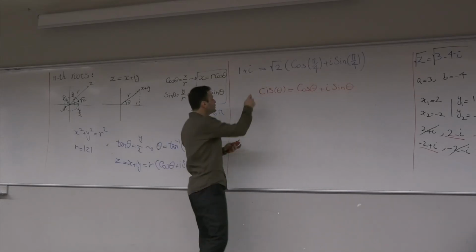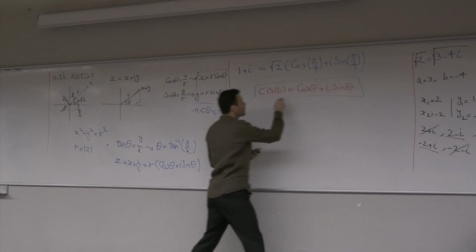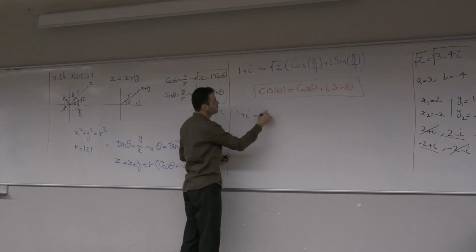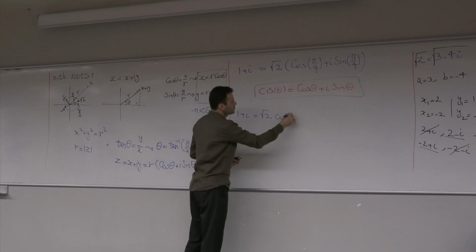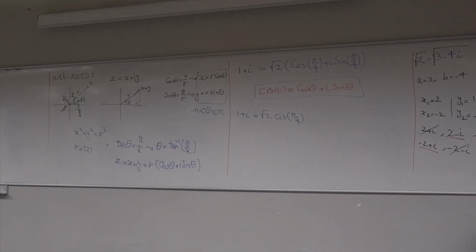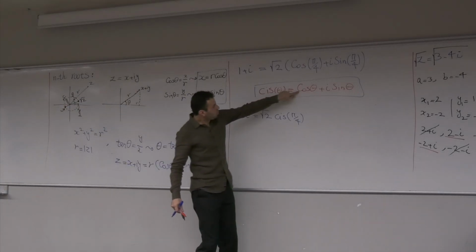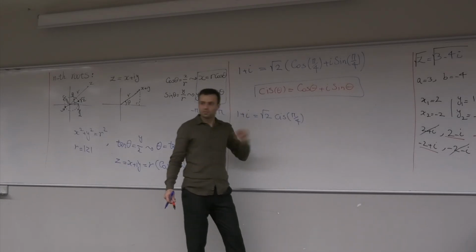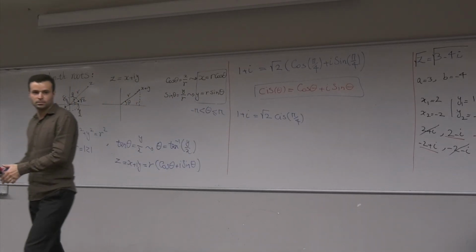Okay? This is an abbreviation. So here I can write this as square root of 2 CIS of pi divided by 4. This is just an abbreviation. What does CIS mean? Cosine, i, sine.